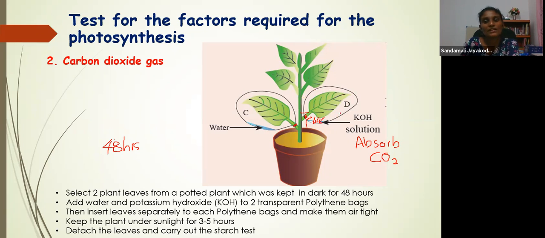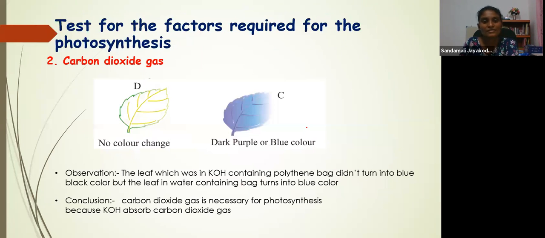Then there's no carbon dioxide for the plant to take in. Carbon dioxide cannot be taken in from the outside either because it is airtight. So there's no photosynthesis, and there's no starch to give a color change with iodine solution. So that is it.